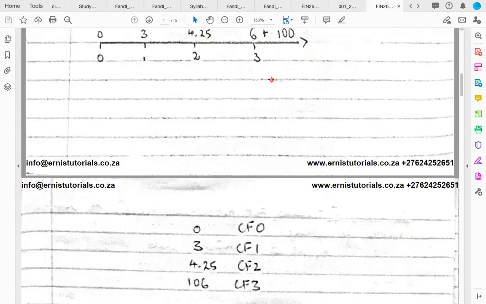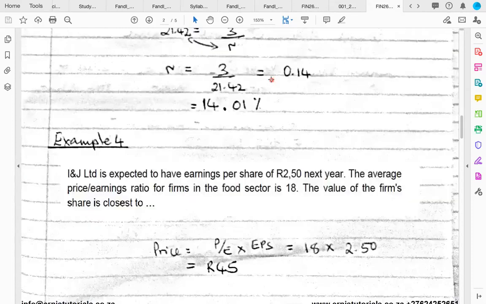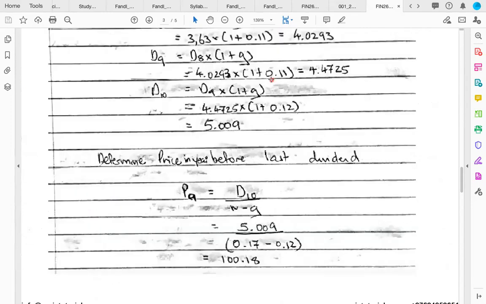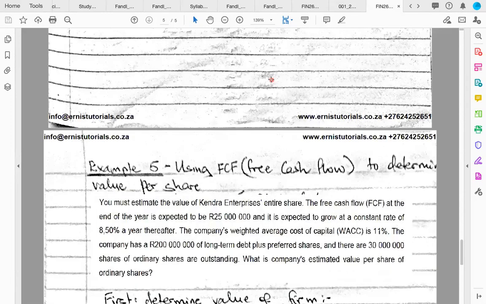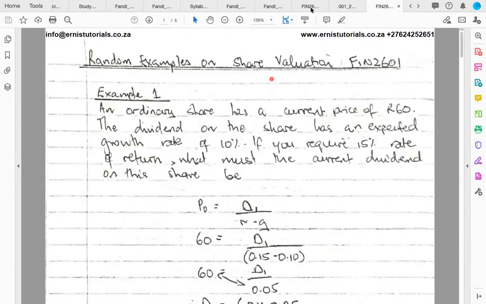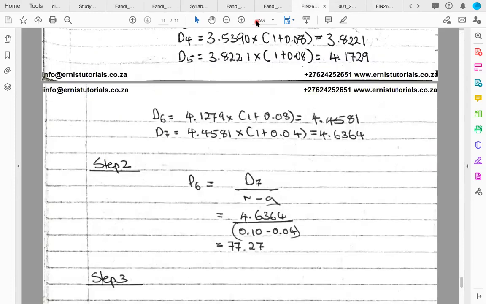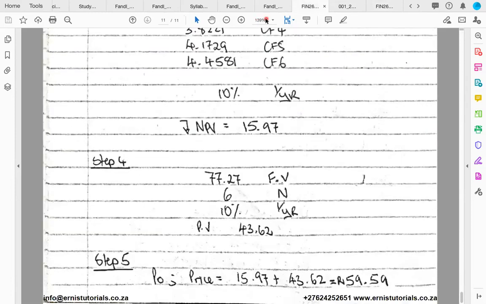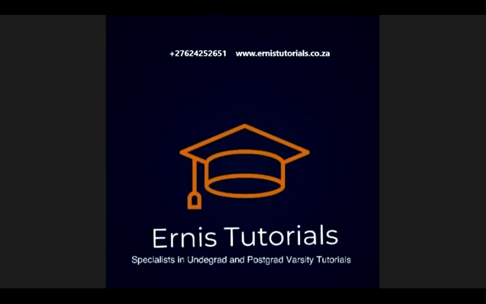It will be a very short class, just showing you different types of examples on how share valuation can be asked, just so you're prepared for the exam, okay? But for now, I think the class is done. We covered a lot, an introduction on share valuation.